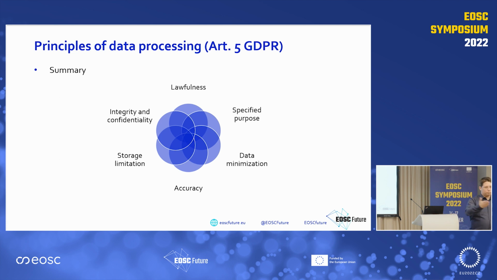So the data you provided when you registered for this conference should only be accessible to a very limited number of people, and only those people that really need these data in order to plan the event. And ideally you have a more differentiated access control, meaning that some people may access some of these data and other people may access all of these data, for example, depending on their role and depending on the specific needs.